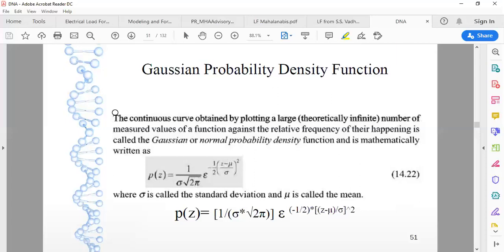So the probability of occurrence of that z value is equal to 1 divided by sigma, small sigma, keep this in mind, square root of 2 pi, into e raised to minus half of the bracket (z minus mu) divided by sigma, squared. See over here, P(z) shows you the probability of occurrence for value z.